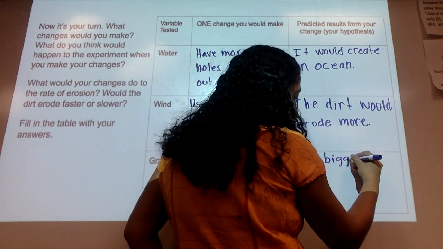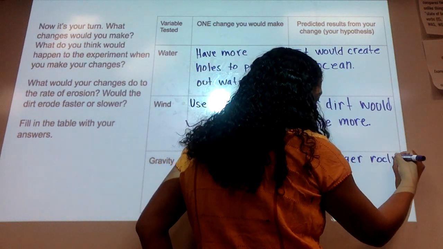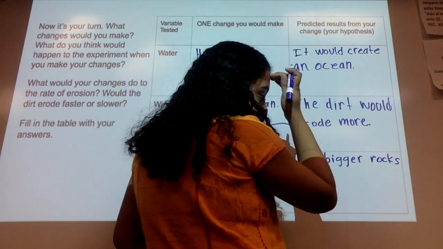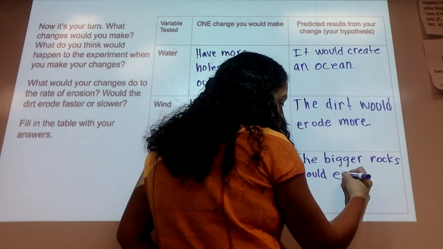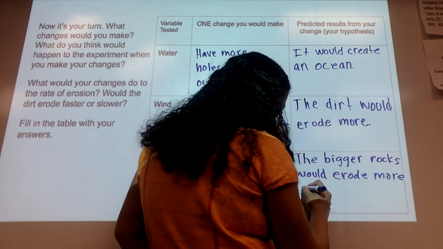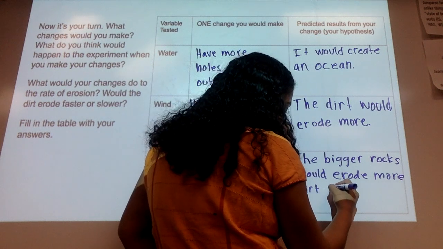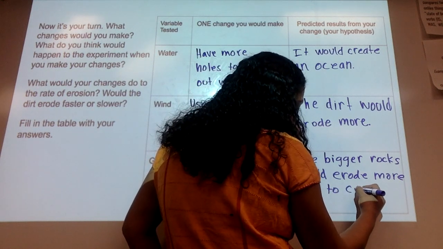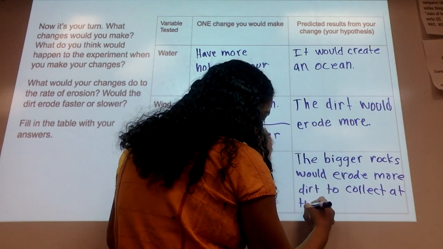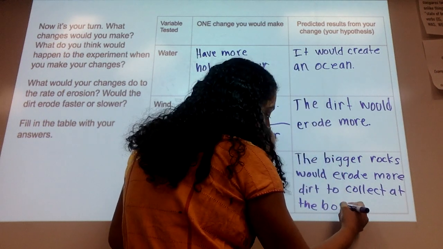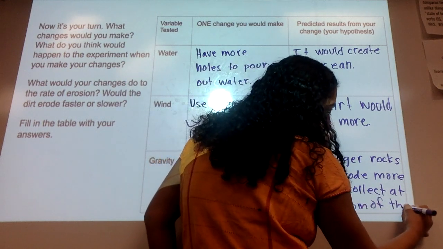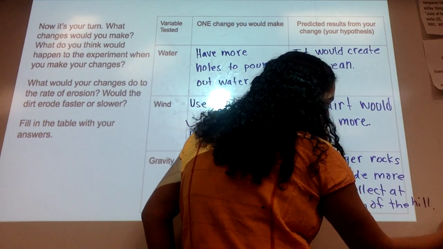bigger rocks would erode more dirt to collect at the bottom of the hill, period.